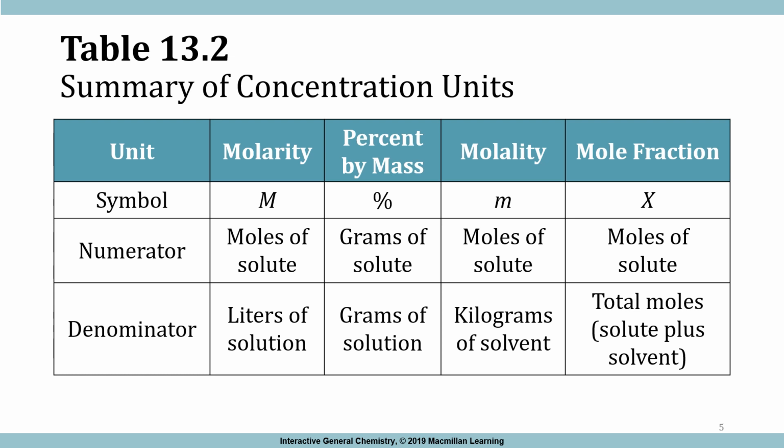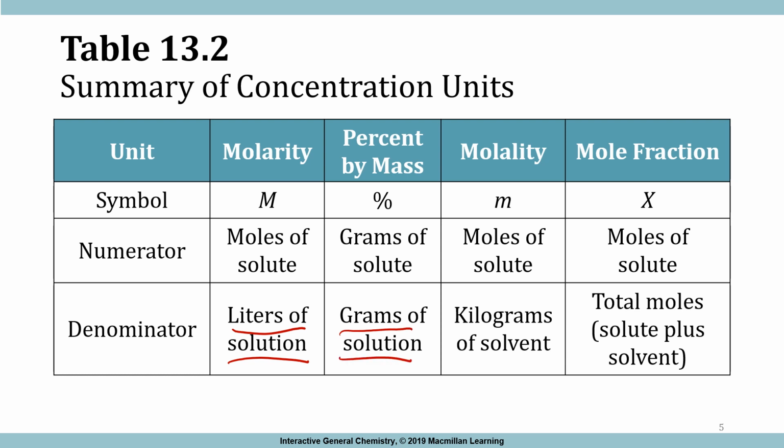Here's a really good table that summarizes all of the types of concentrations and their units. It is so important to know the definitions of everything because they're so different between them. For instance, molarity is moles of solute divided by liters of solution. Percent by mass is grams of solute divided by grams of solution.